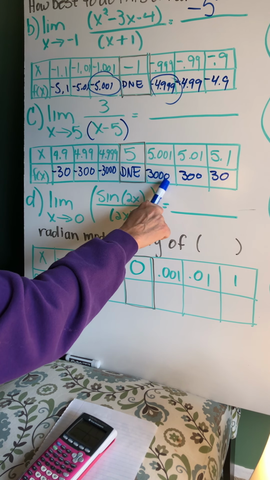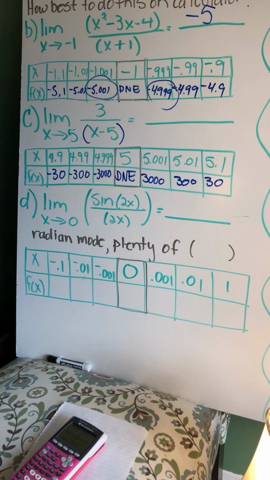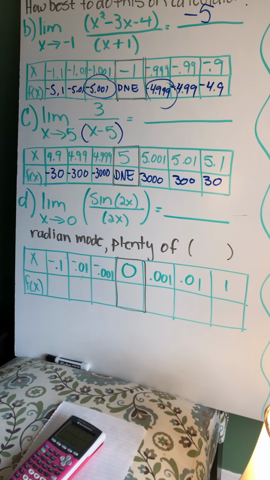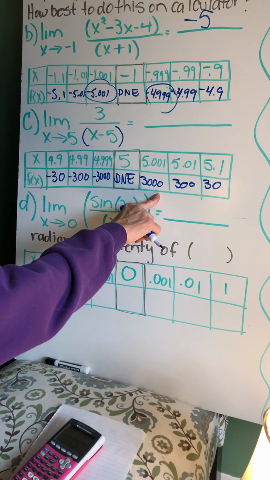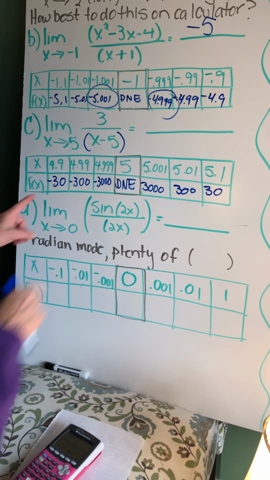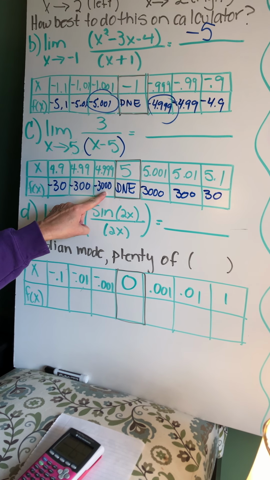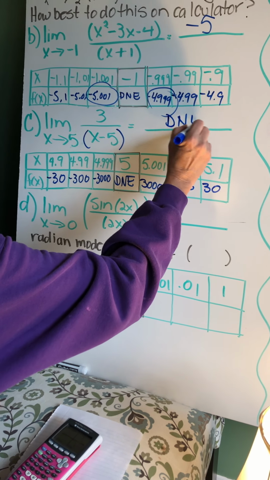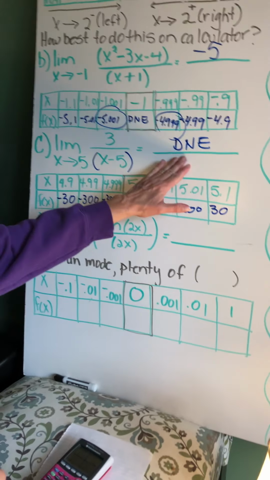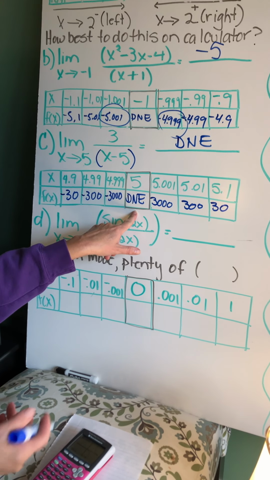As you approach 5 from the right, notice these y values are not heading towards any particular value. From the right, these function values are getting very large. When you approach 5 from the left, they are getting very, very small. This means that the limit does not exist. Notice in this case, the limit doesn't exist, and neither does the value of the function at 5.